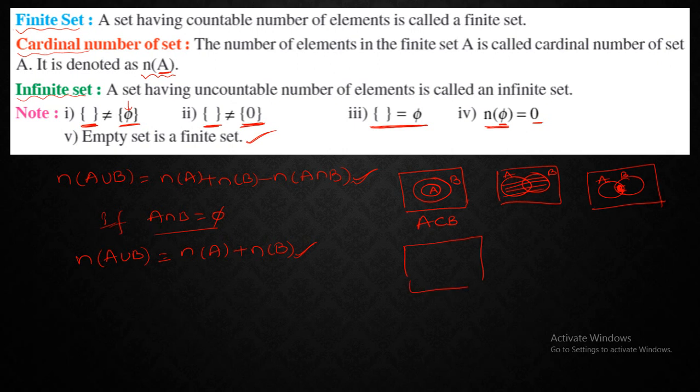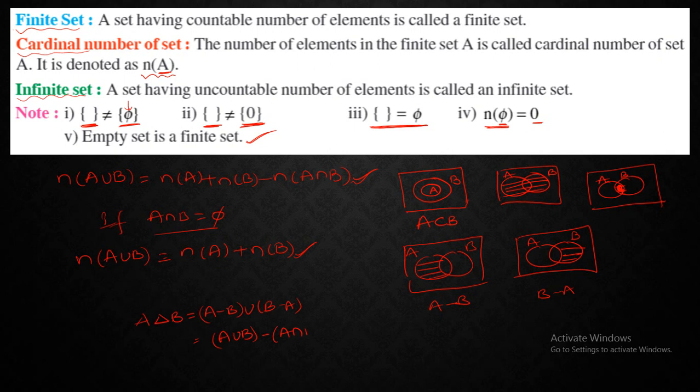Next, A minus B and B minus A. If this is set A and this is set B, then A minus B is only A. If you consider only A, that represents A minus B. The same way, if you want B minus A, then only B represents B minus A. Next, symmetric difference, A delta B. A delta B is represented by (A minus B) union (B minus A), or by (A union B) minus (A intersection B).